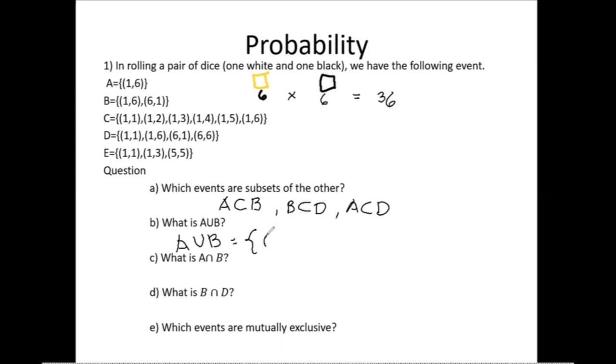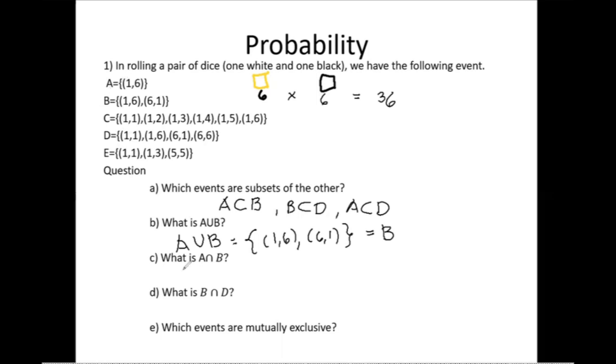Pwede kang maging sagot mo ay 1, 6, tsaka 6, 1, which is also the elements of set B. Kaya ang sagot din natin ay set B. So A union B is the same as 1, 6, 6, 1 or set B itself. Okay.